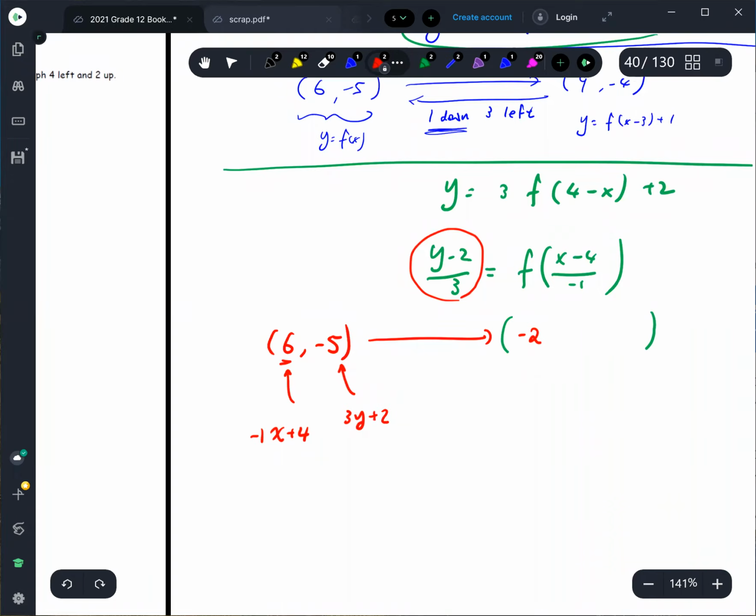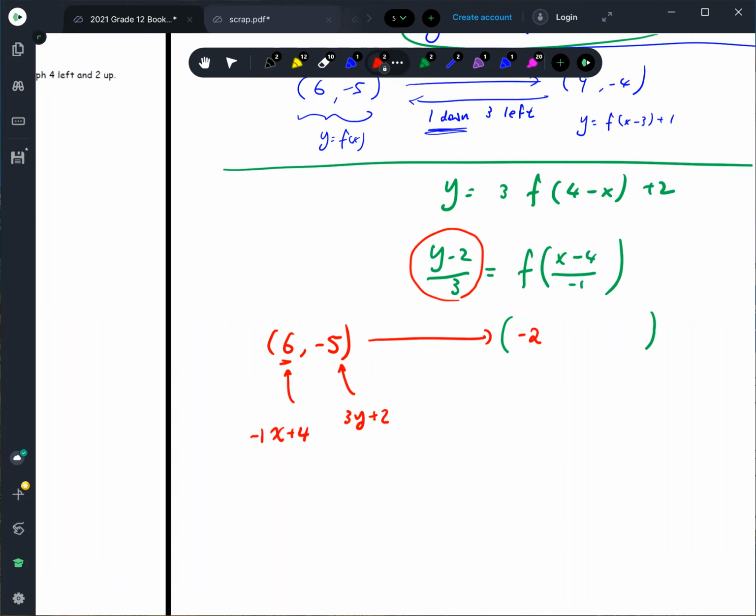Because we're moving up. If the story form has a y minus 2, it means it goes up. Okay, up 2. So up 2, it will make the point plus 2.